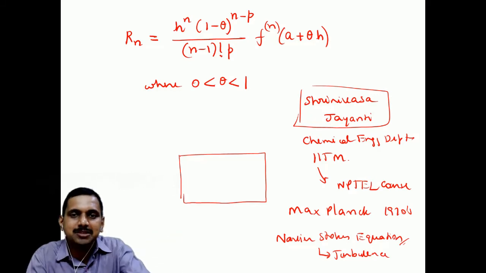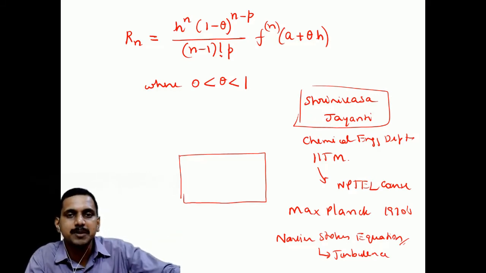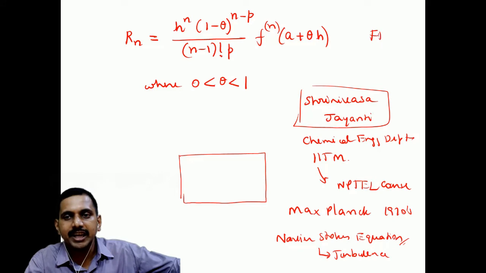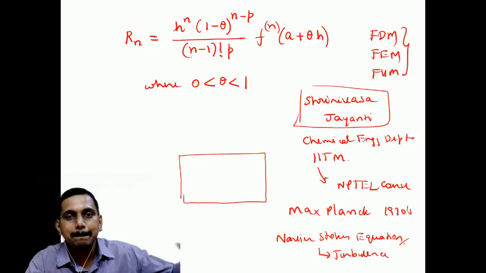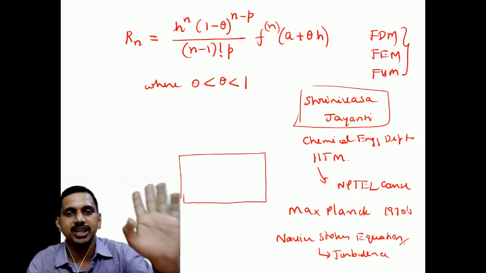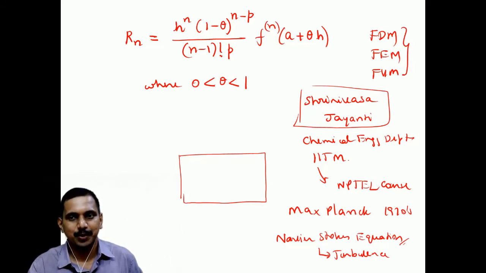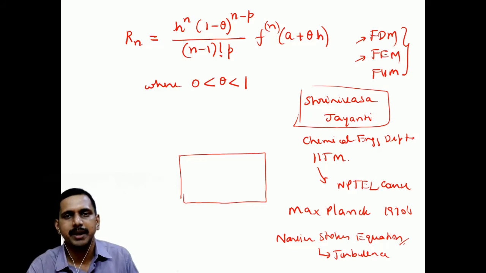The methods dependent on the Taylor series are the finite difference, finite element, and finite volume methods. These are methods to solve differential equations. Finite difference is used in solid mechanics as well as fluid mechanics. FEM is generally used in solid mechanics but also in fluid mechanics.